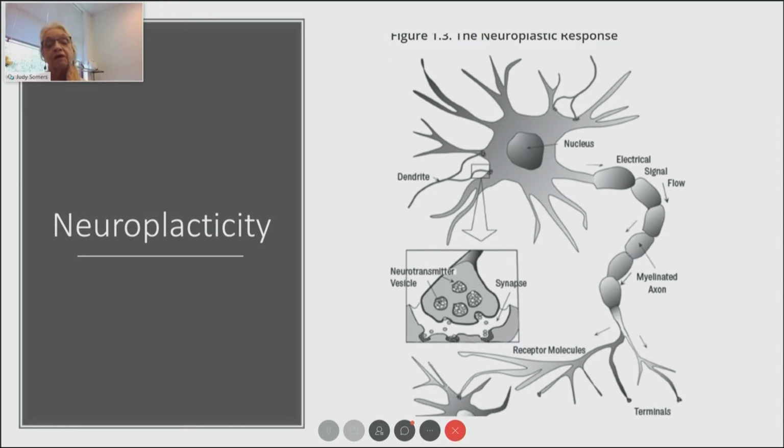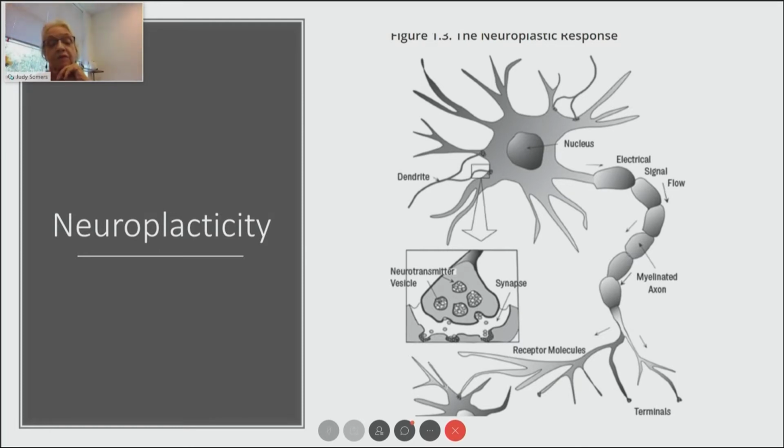So this is a diagram of a brain cell, a neuron. The information comes in from the dendrites, goes through the cell, and is then passed down through the axon to the terminals, to send that information and create those neural passageways.